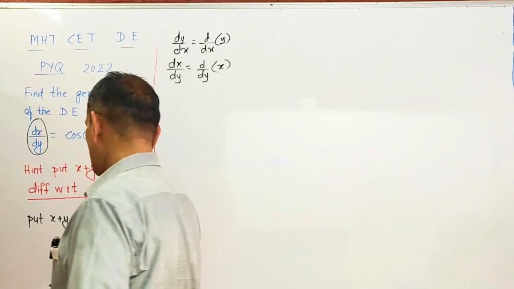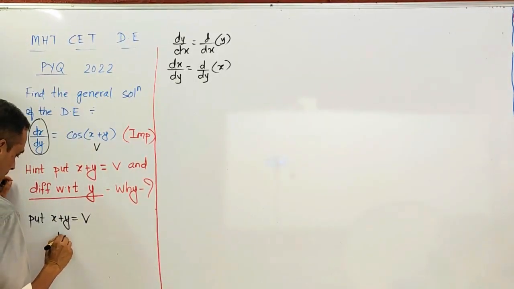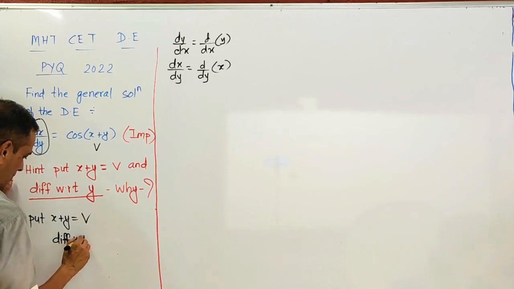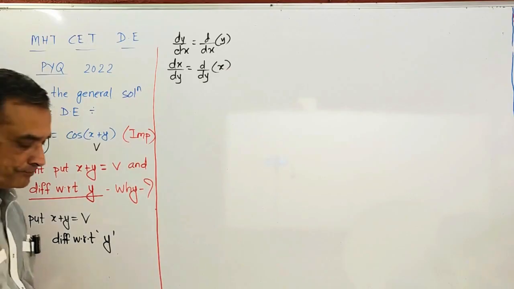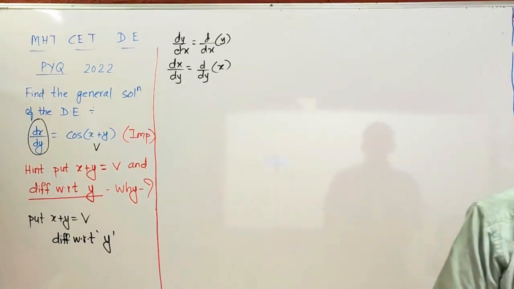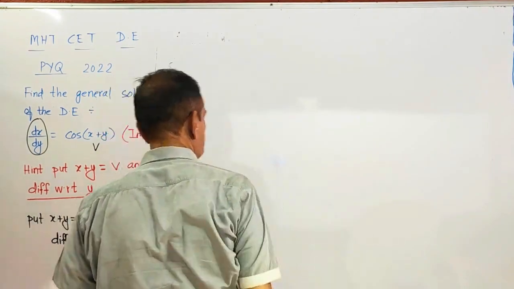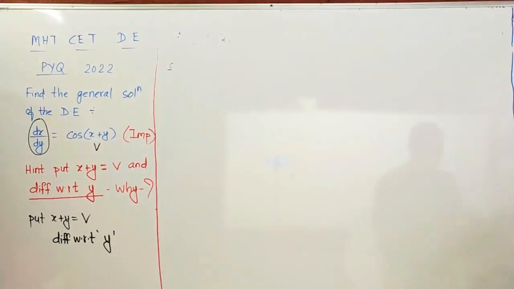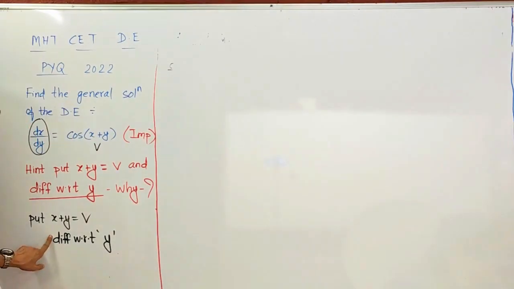So let us write: differentiate with respect to y. Not with respect to x, differentiate with respect to y. So everywhere I am going to write d by dy now, not d by dx.